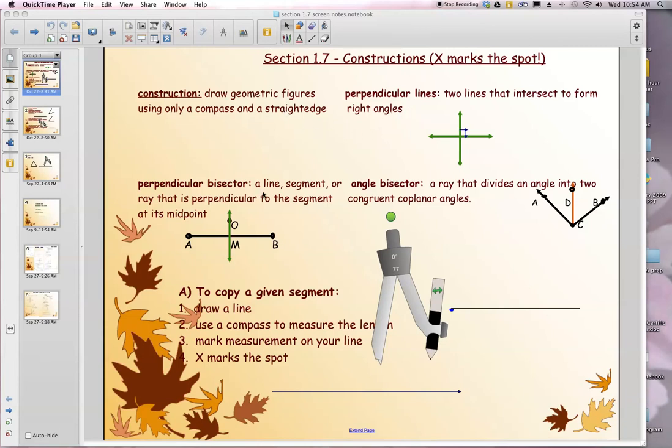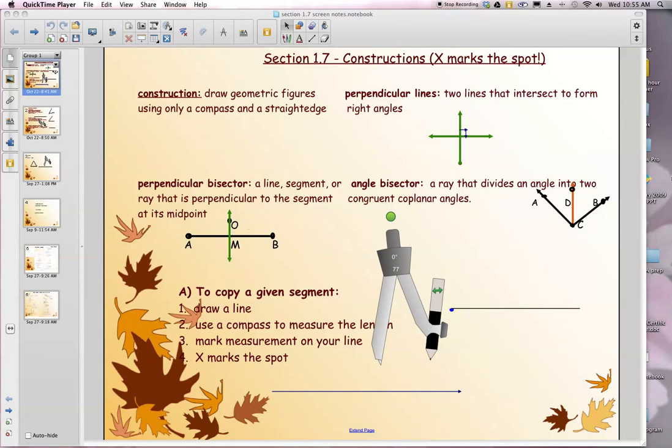Some of the things that we're going to learn how to make today are perpendicular lines. So that's two lines that intersect to form a right angle. A perpendicular bisector, which is if you're given a segment, you draw a line or a ray or a segment that is perpendicular.